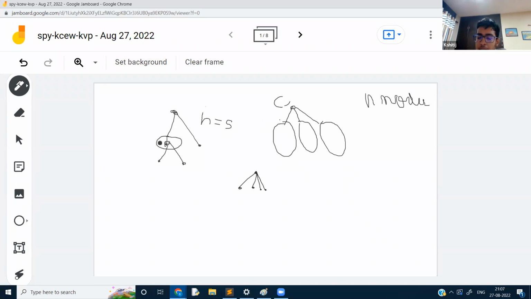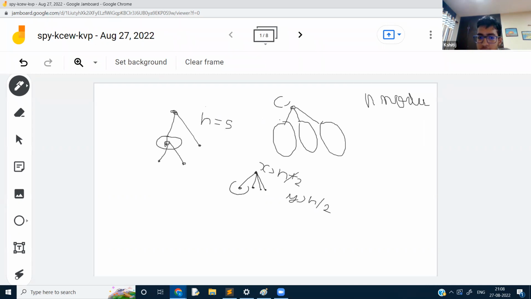At most one child can have a subtree size more than n by 2. Since if two have it, x is greater than n by 2, y is greater than n by 2, then x plus y will be more than n, which is not possible since the number of nodes in the tree is n, and these are separate nodes.